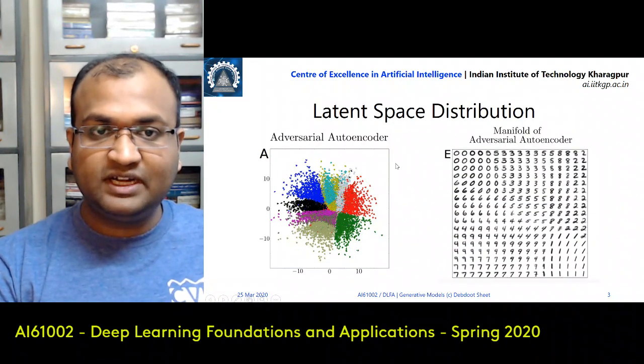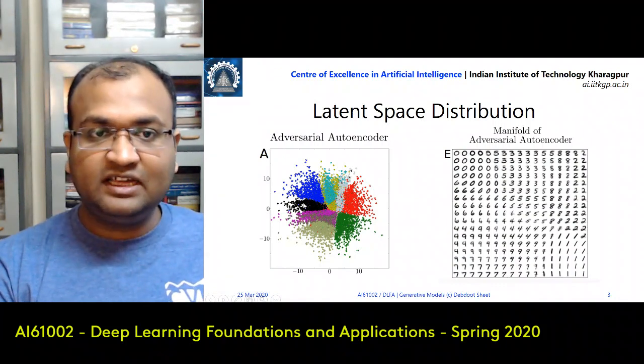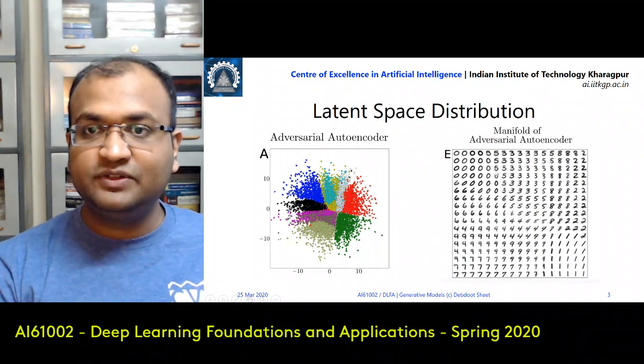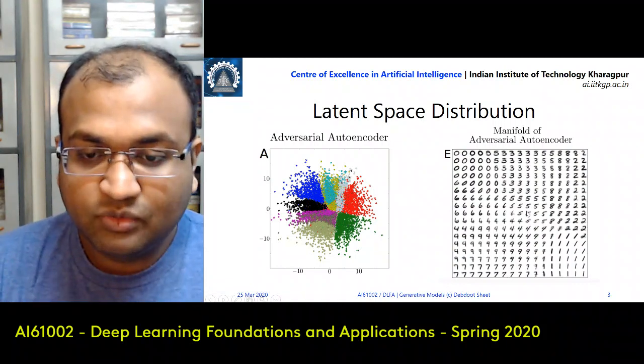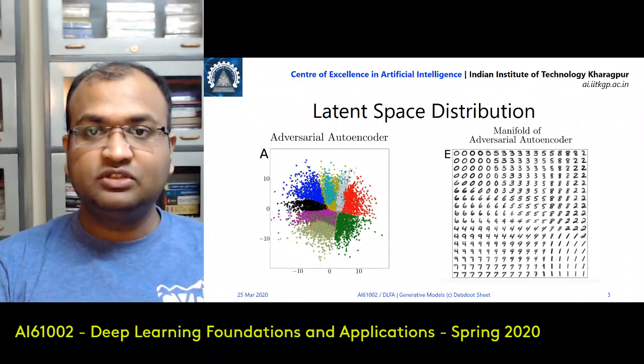When I do that and keep on varying it, I would see that it keeps generating numbers which look like this. See, what I give as the input is just a 2D vector and nothing more than that.